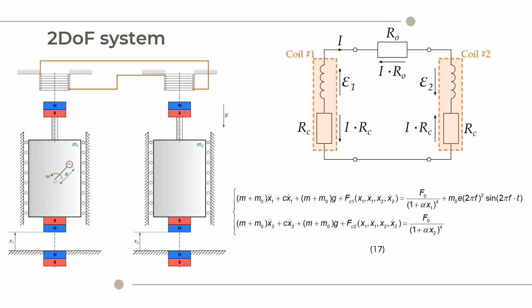The mathematical model is represented by the system of equations 17. We can see the same components as for the 1 DOF system, but the magnet-coil interaction forces couple the equations. We used the previously presented model for multi-turn multi-layer coil.